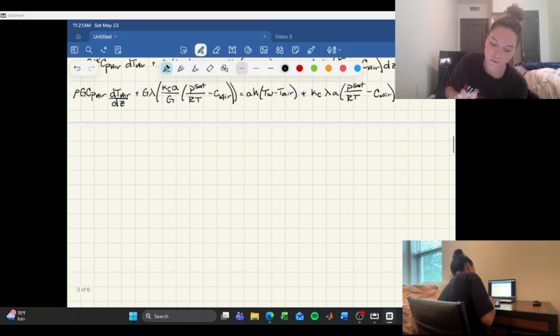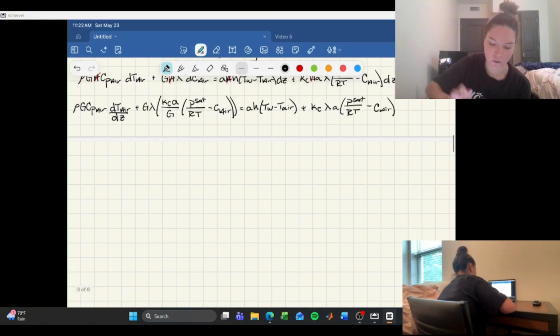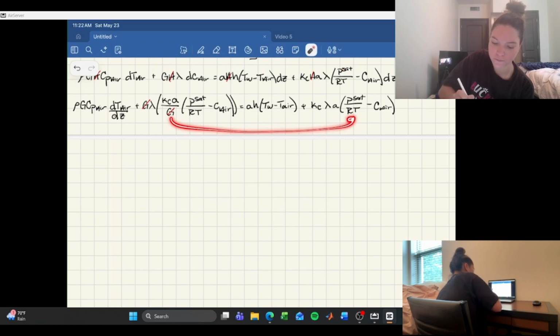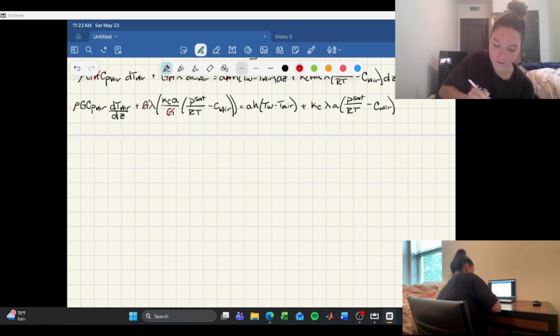And then this can be simplified further. So this volumetric flow rate of air will cancel. And then when we subtract this to the other side, this whole term and this whole term will cancel.